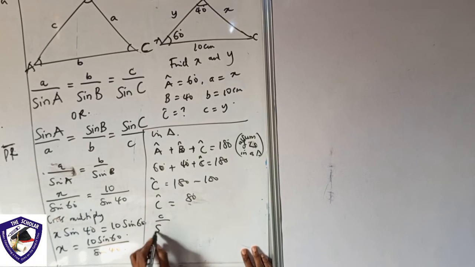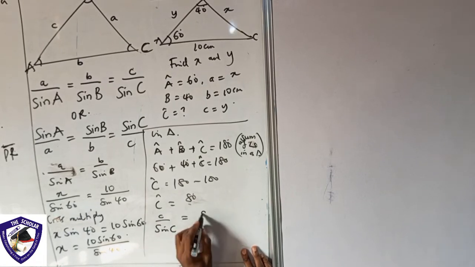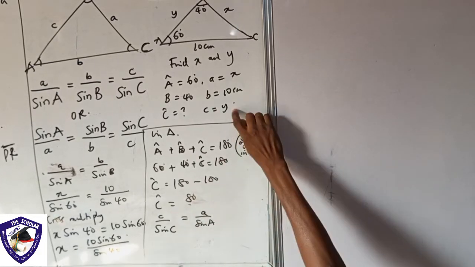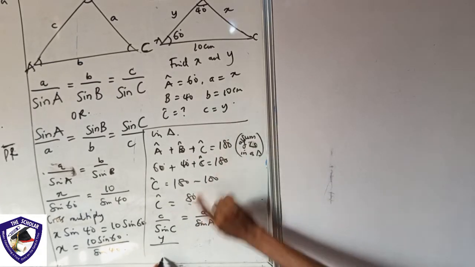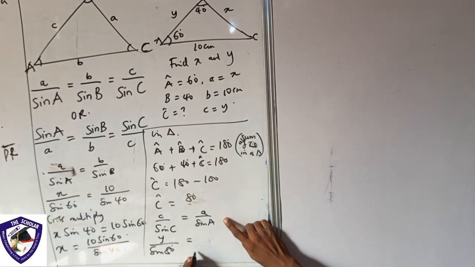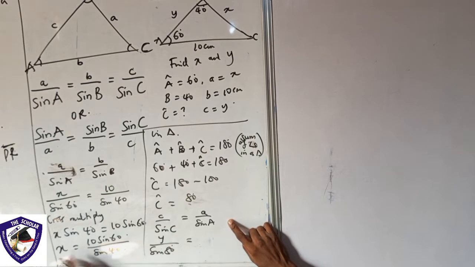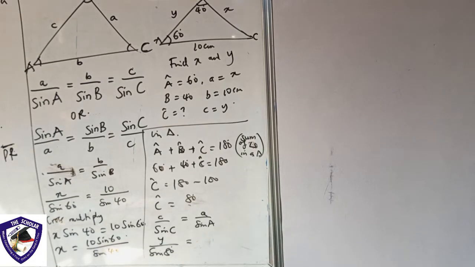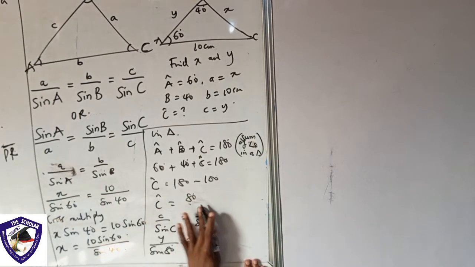So if I want to get c, which is y now, I can still apply this. Small c over sine C is equal to what? Small a over sine A. My small c, which is y, over sine C, sine 80 degrees, is equal to small letter a, which is x, and that's what I've calculated. Or let's even use b, small b over sine B, since that one is known.